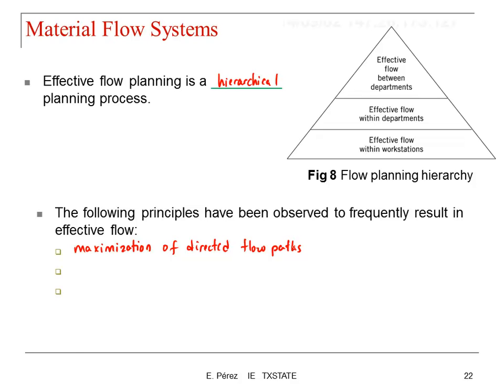Another thing is the minimization of total flow, and finally the minimization of the cost of flow.